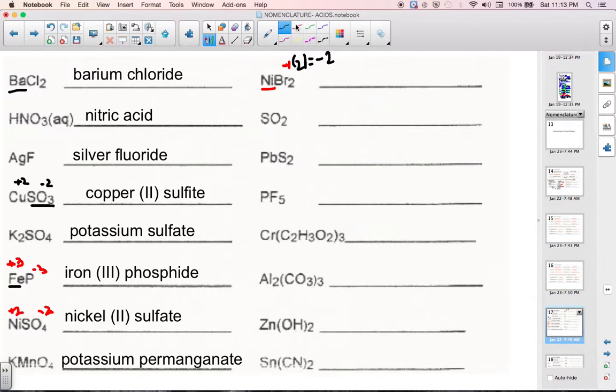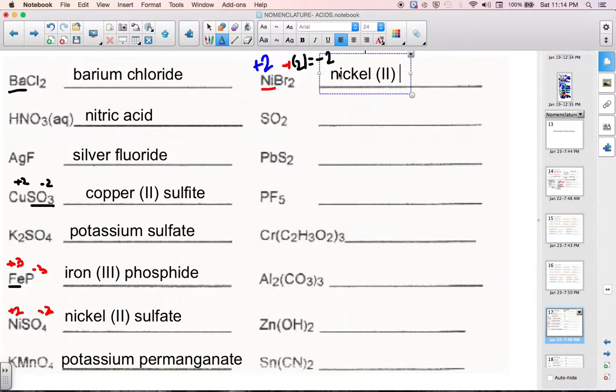Because of that, my nickel has to be a +2. To name this, I am going to use nickel 2 bromide.